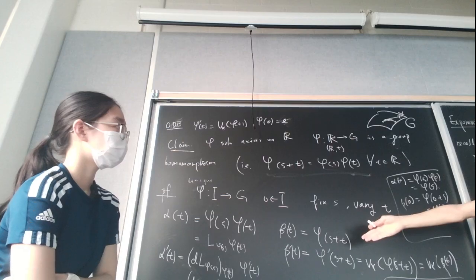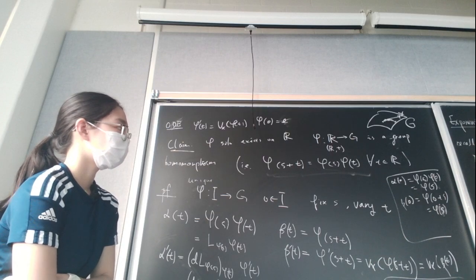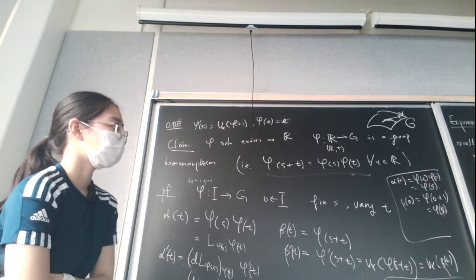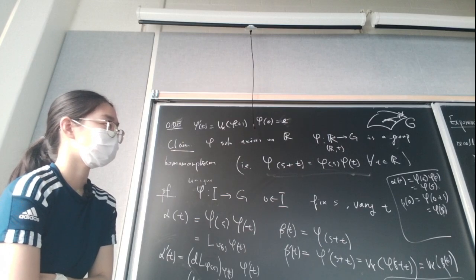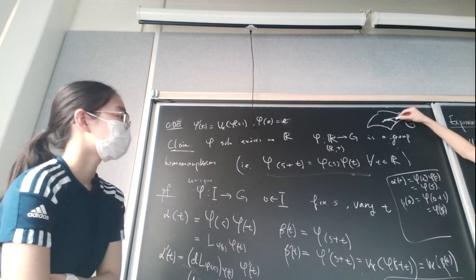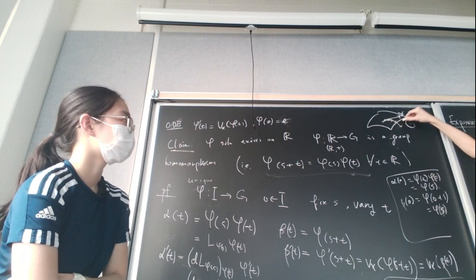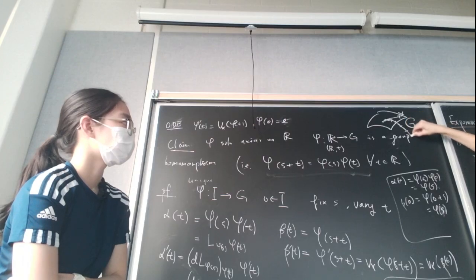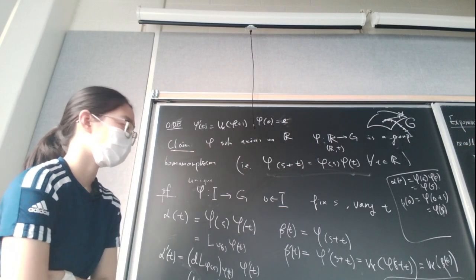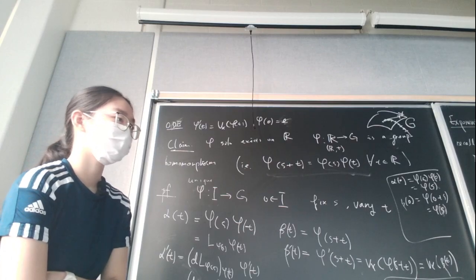So we can take our small interval and translate it again and again until we fill the whole line. Just having a solution on a small interval gives you a solution on the whole line.